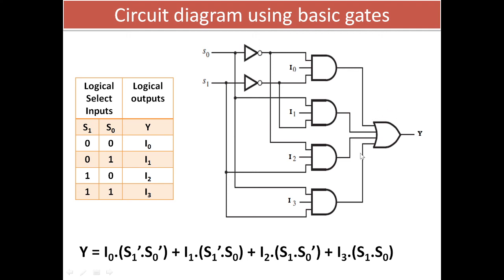This can be done using 2-input OR gates, but it can also be done using a multiple-input OR gate. In this circuit diagram, we have used a multiple-input OR gate, and hence we get an output which is Y. So this is the logical circuit diagram of a 4-to-1 multiplexer having two select lines.